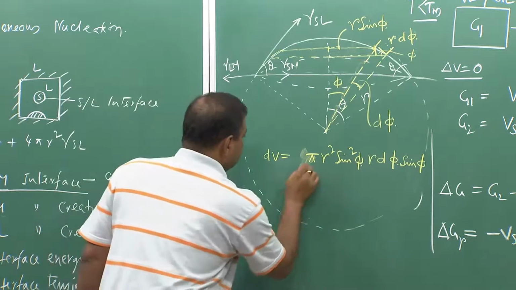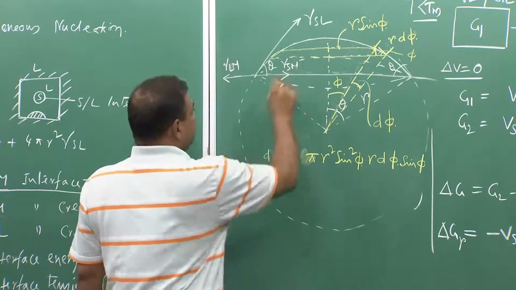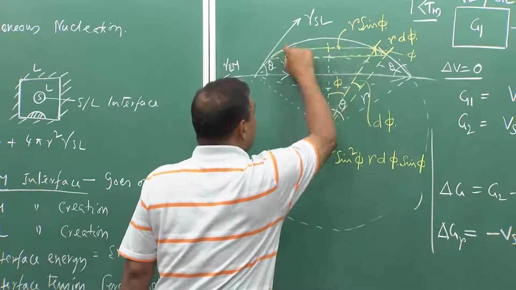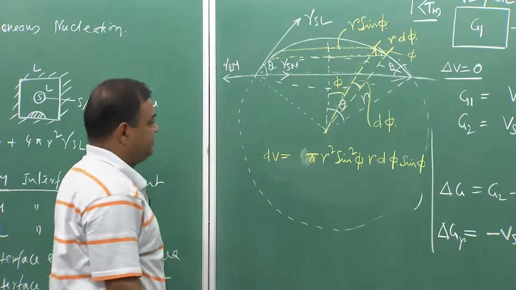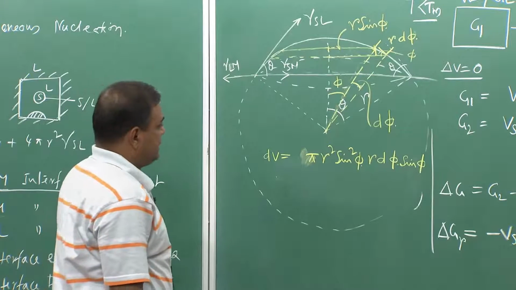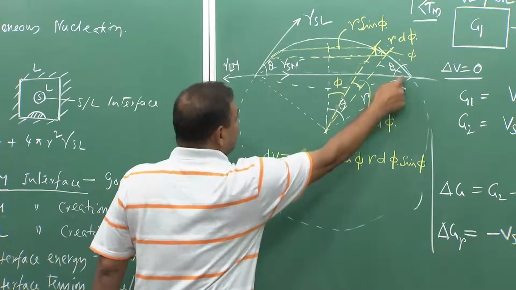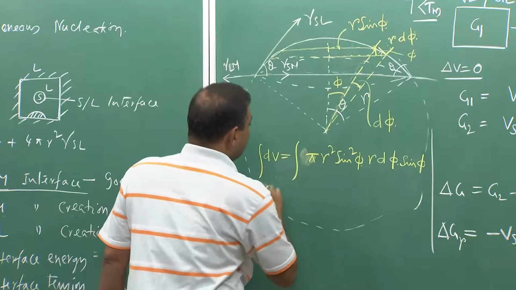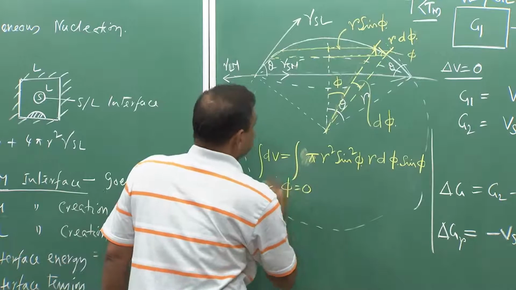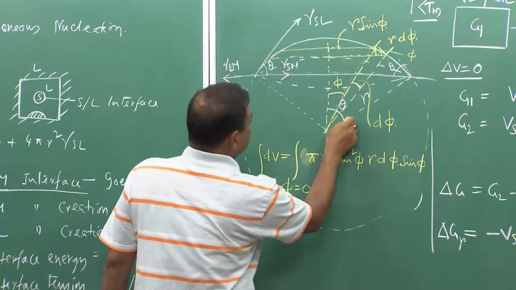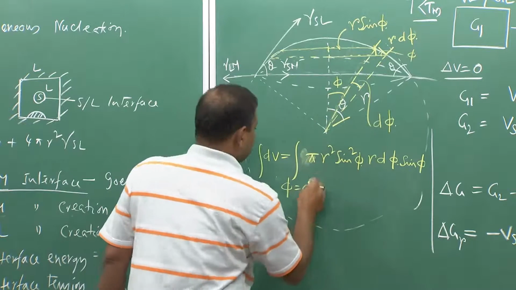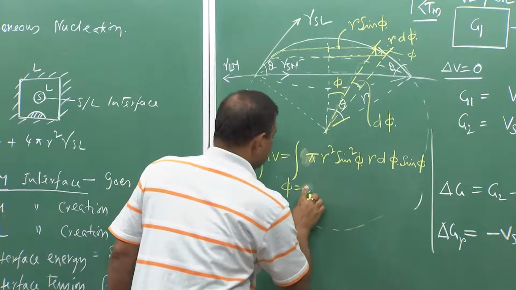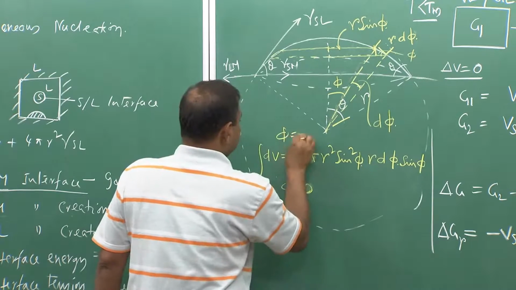So, this is the volume of this small disc, and in order to find the total volume of this particular section, I will just have to integrate over phi, from phi equal to 0, that means from here, to phi equal to theta.